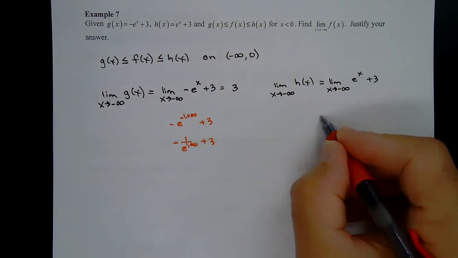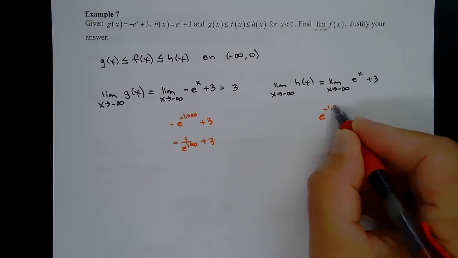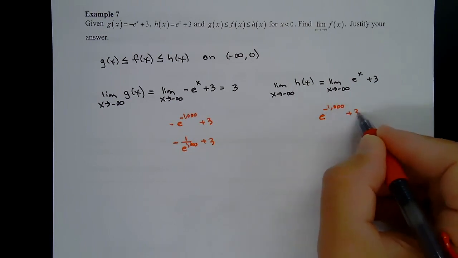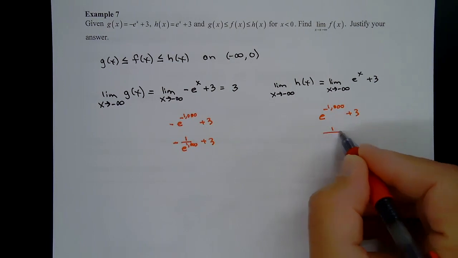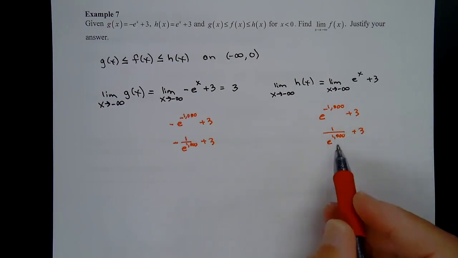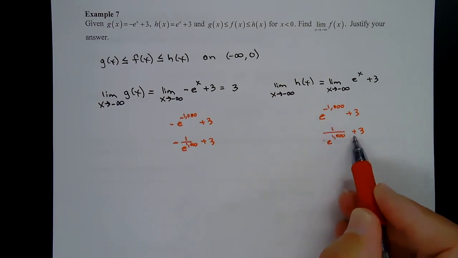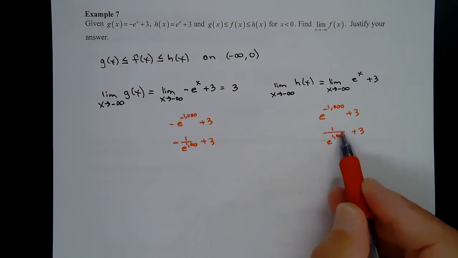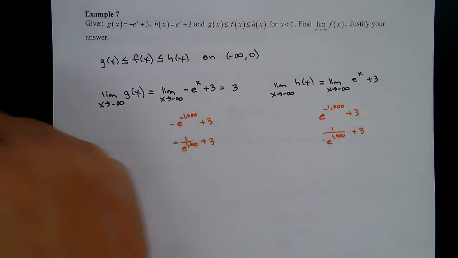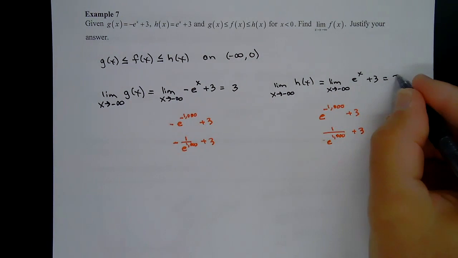So that'd be something like e to the negative 1,000 plus 3. This becomes 1 over e to the 1,000 plus 3. That's a really big denominator. So this is getting closer and closer to 0, and adding 3 to a number that's getting closer and closer to 0 is just going to give you 3. So this one's equal to 3.